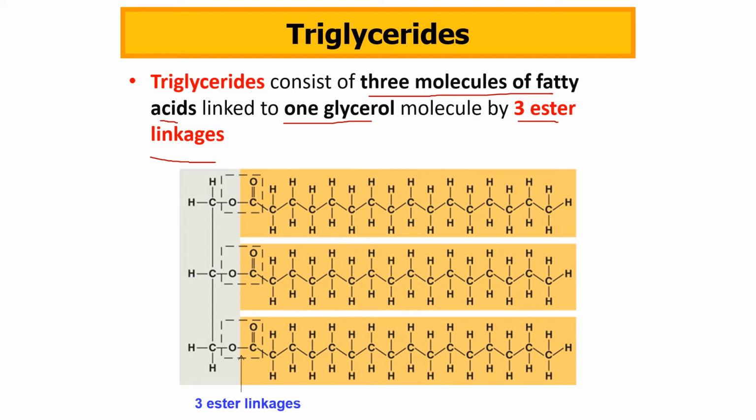So here there are three ester linkages. The first one is here, the second one is here, then the third one, this one. There are three ester linkages because one glycerol is linked to three fatty acids.